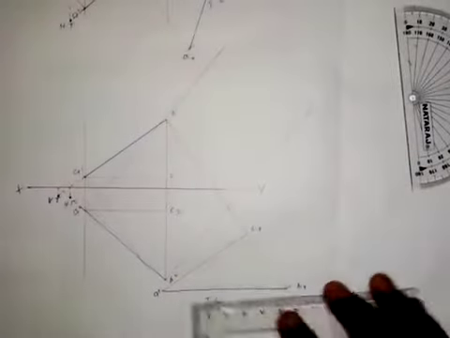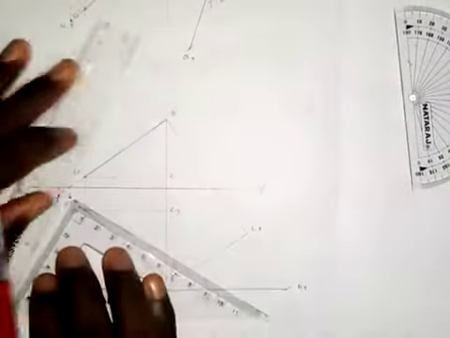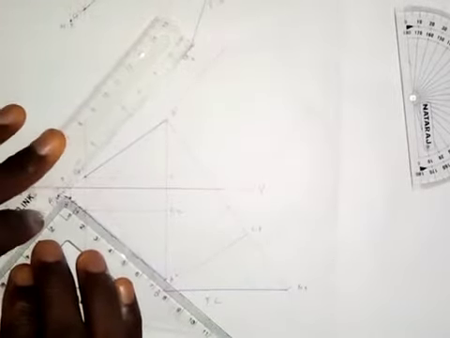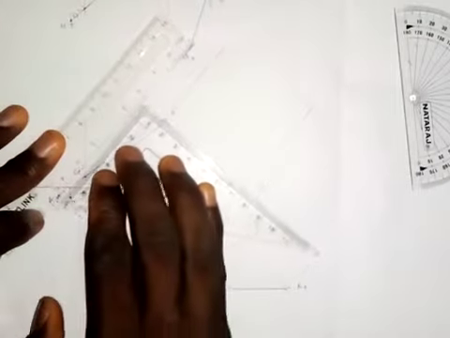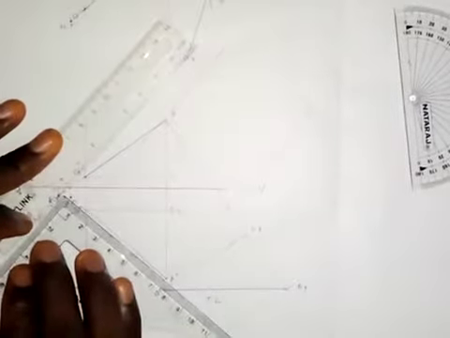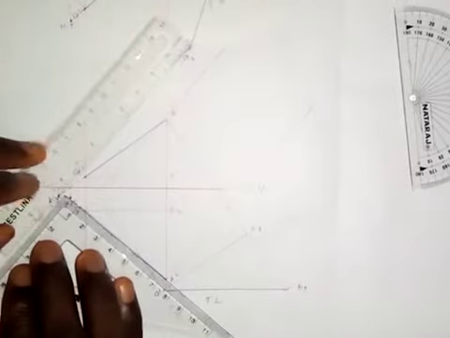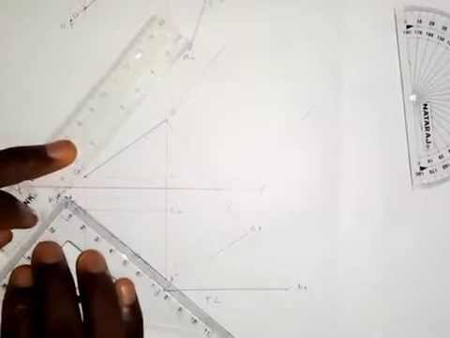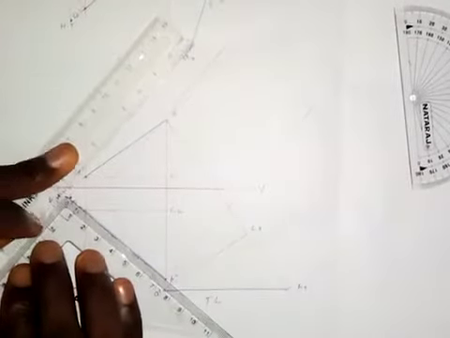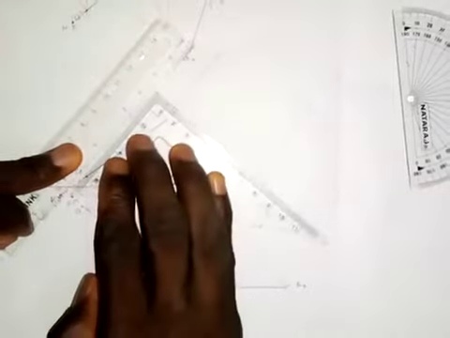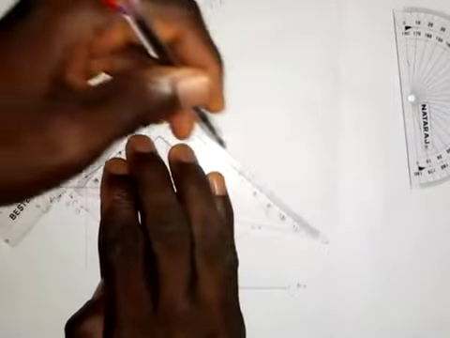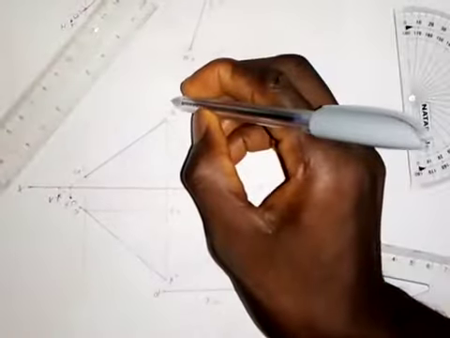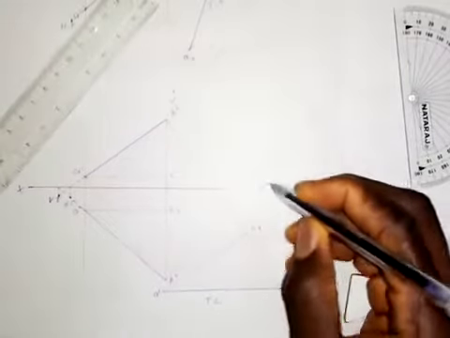The next thing I'm going to do is set my set square on this line A2B2 and shift it. I have to be very careful. Then I will draw a horizontal line here. This point is point A4, and this is point C4 here.